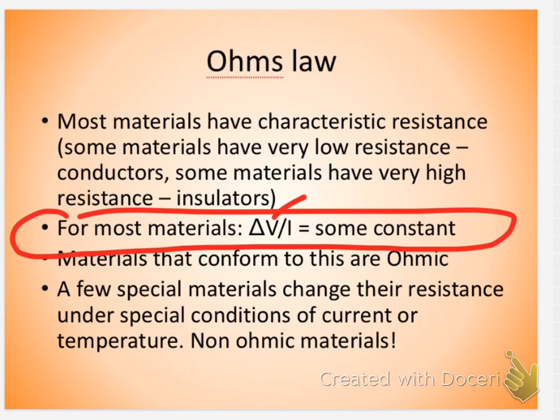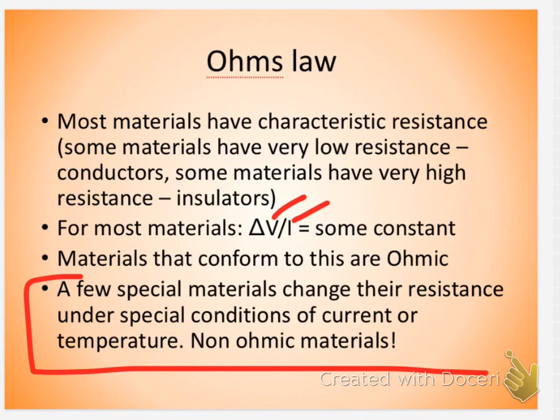The change in electrical potential over the current is equal to some constant. And as long as that's true, we say the material conforms to Ohm's law. They are ohmic, which is a nice little word. For materials that don't, have you heard of semiconductors?